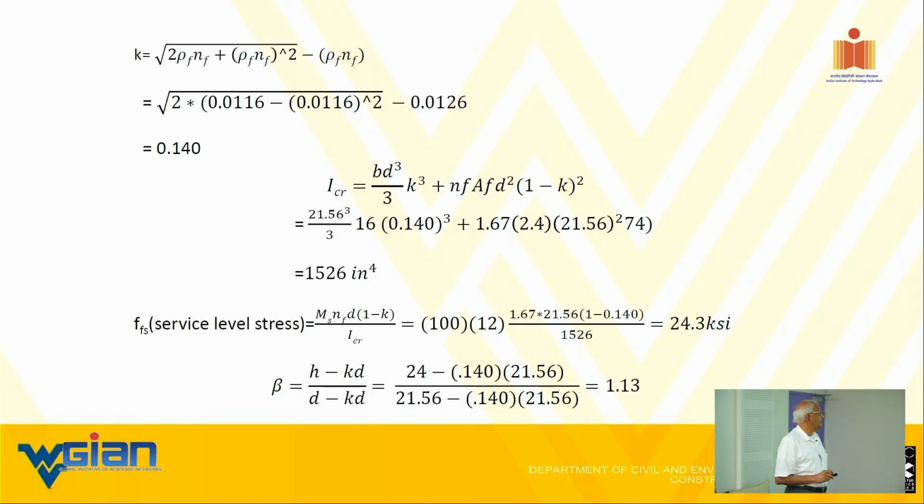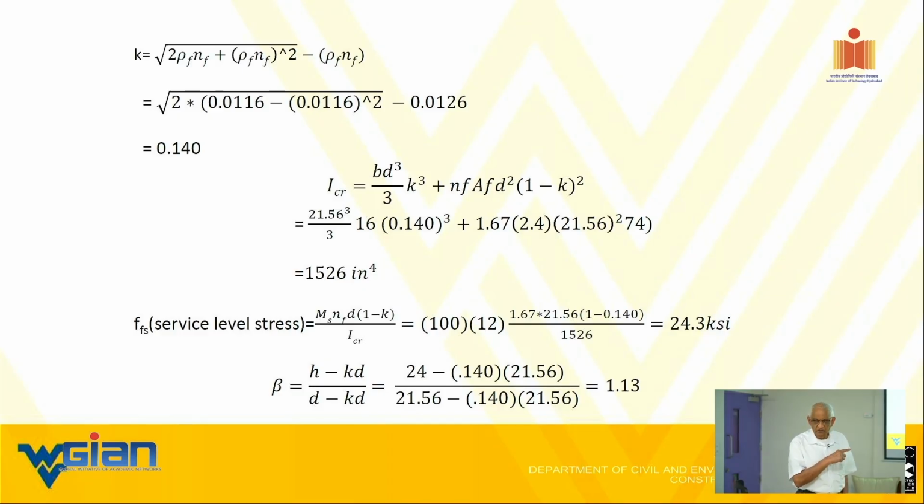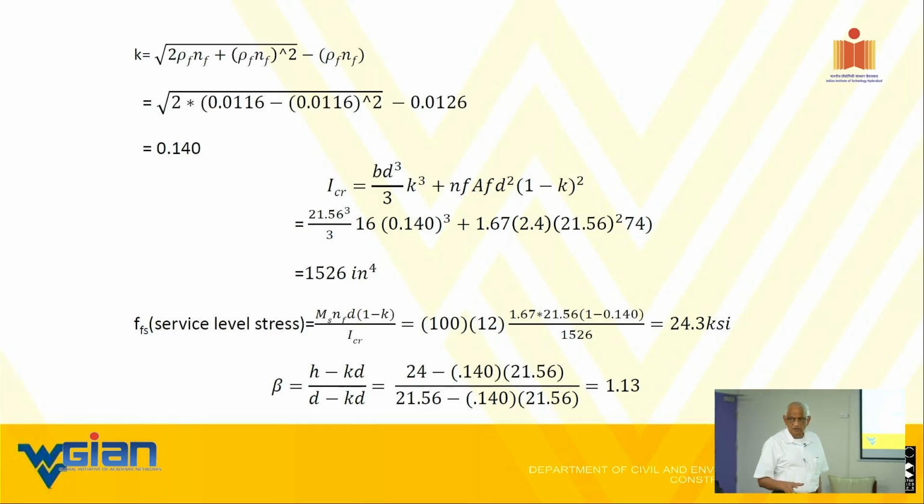The k value, you can see under service loads, you have a k value of 0.14 times d. kd is, say if it is a 20-inch deep beam, about 3 inches is the uncracked part. Typically, if you remember yesterday we talked about, they are using 0.16. In this case, we got 0.14, but that's for service load. For failure load, it's about 8%.